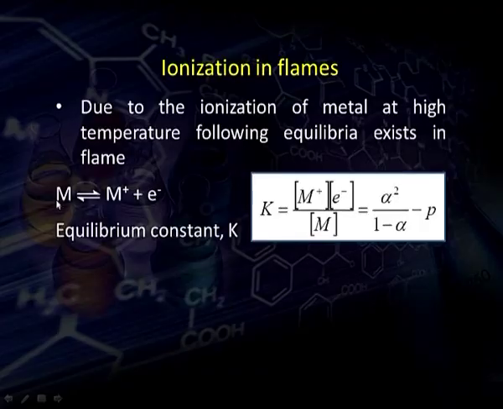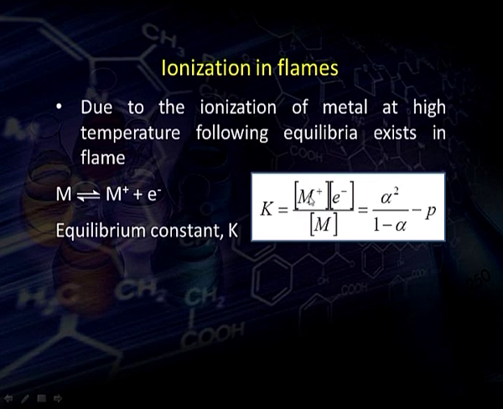Due to ionization of metal at high temperature, the following equilibrium exists in the flame. The metal M is in equilibrium with M positive plus the electron, and the equilibrium constant for this equation is K. K is given by the concentration of the products upon the concentration of the reactant.